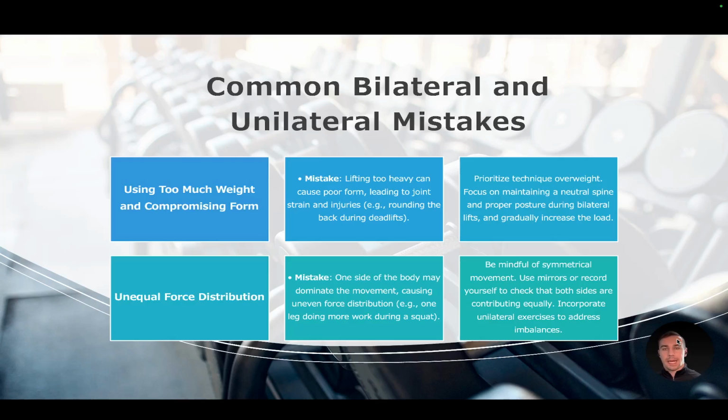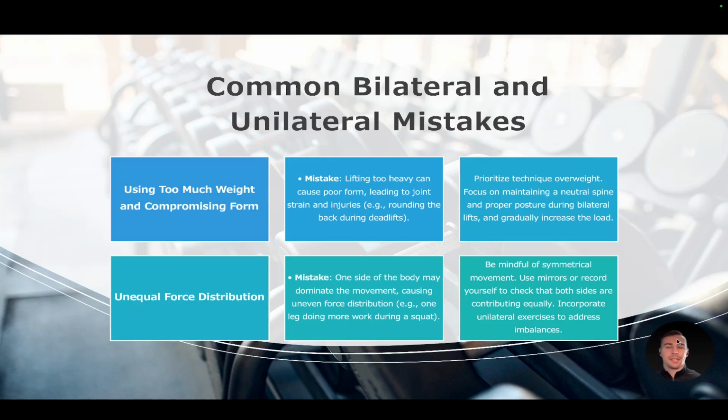Lifting too heavy can compromise proper form, leading to joint strain and injuries. This is such as rounding the back during a deadlift. That's an example: if your back is being rounded when you're performing that workout, then you likely have too heavy a weight. So prioritize technique over weight. Focus on maintaining a neutral spine and proper posture during bilateral lifts and gradually increase the load.